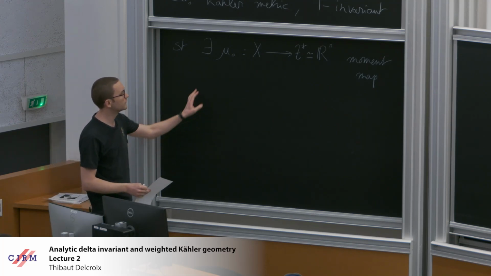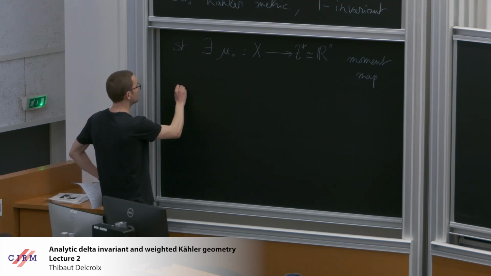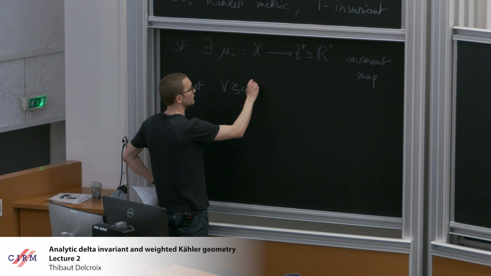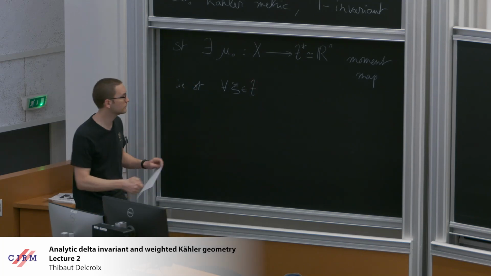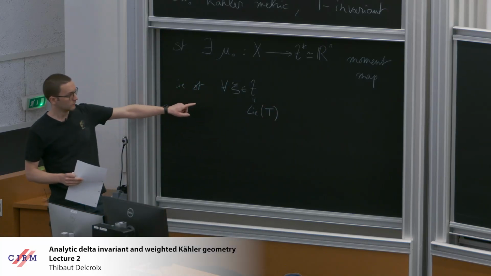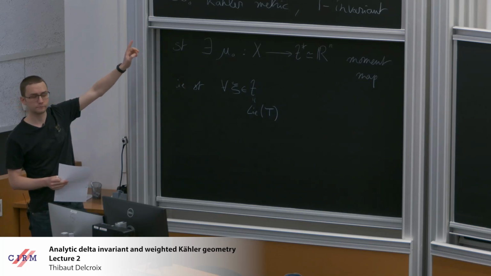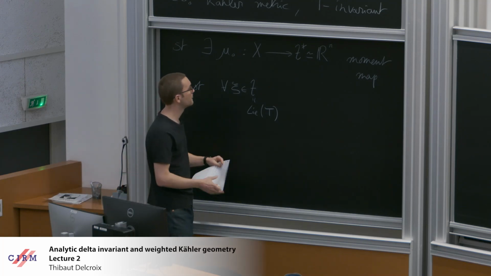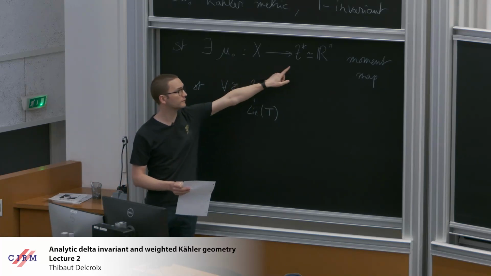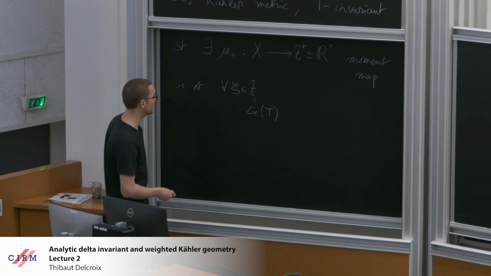So the definition is, this function is such that for any psi in T, so in the Lie algebra of the torus, this induces a holomorphic vector field on the variety X. But you can also cook up a function from mu0 and psi, because mu0 takes its values in T star, you can evaluate it, take the duality bracket at psi.